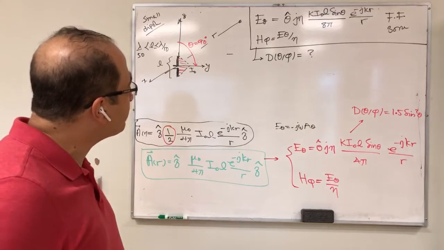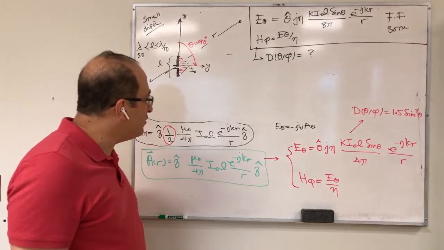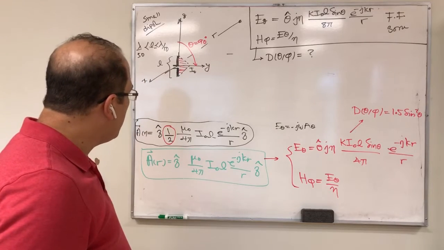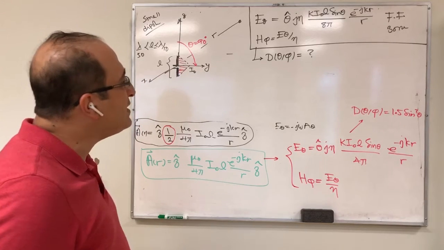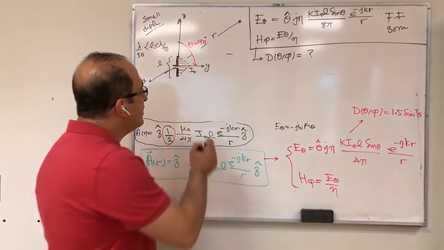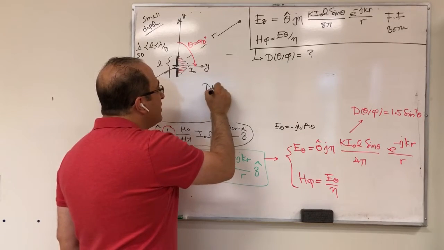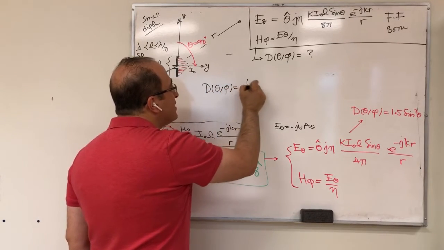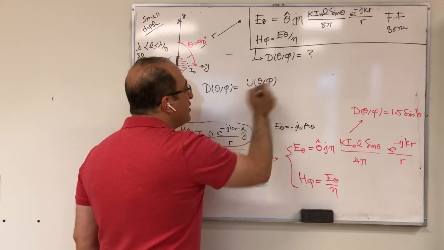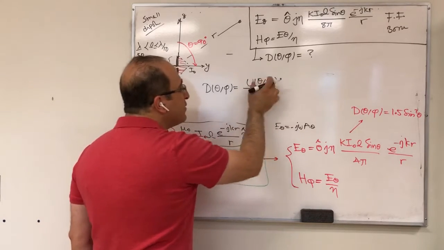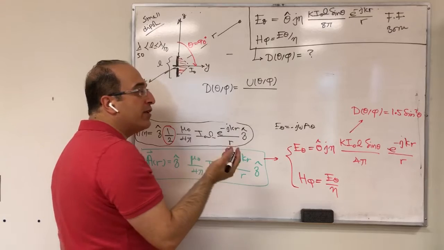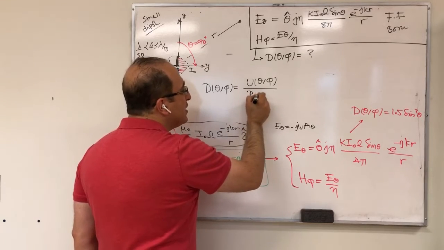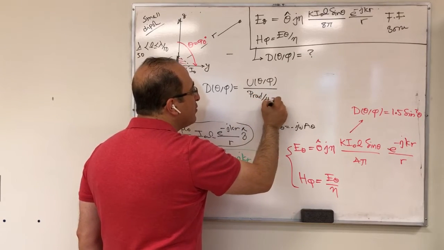Now, let's see what we're gonna have. So what is the definition of directivity? The definition of directivity tells us that this is U theta and phi in the numerator divided by U theta and phi of an isotropic source, which is P radiated divided by 4 pi.